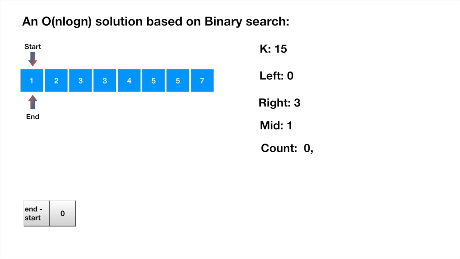Calculate the count and move the pointer and calculate the count. Since our upper bound in this situation is 1, when the end pointer moves to 3, we need to move the start pointer also, and then calculate the count.